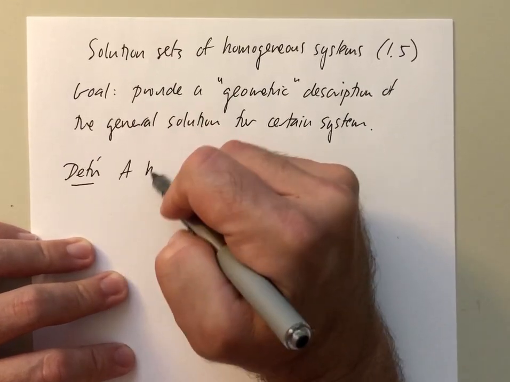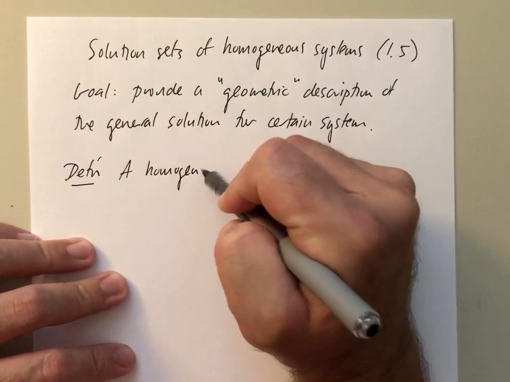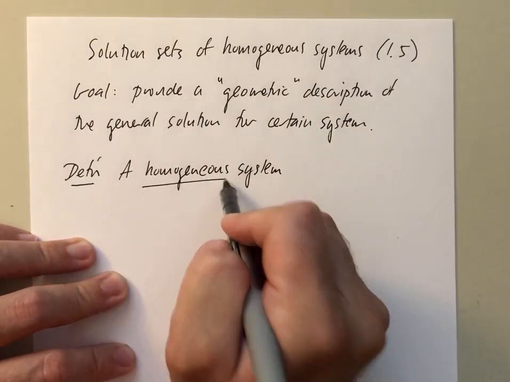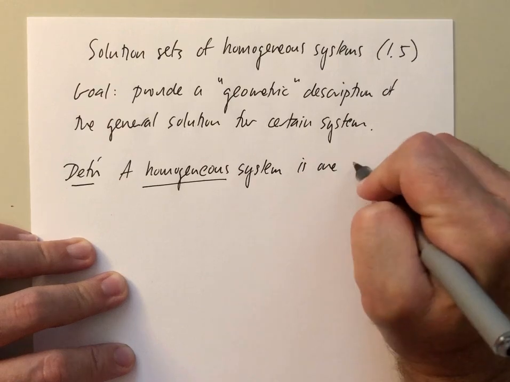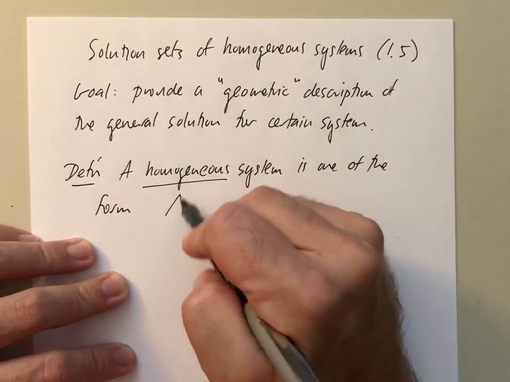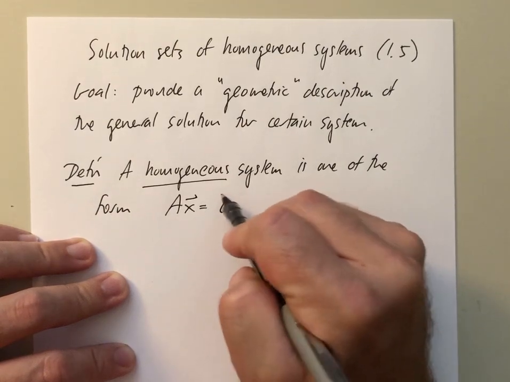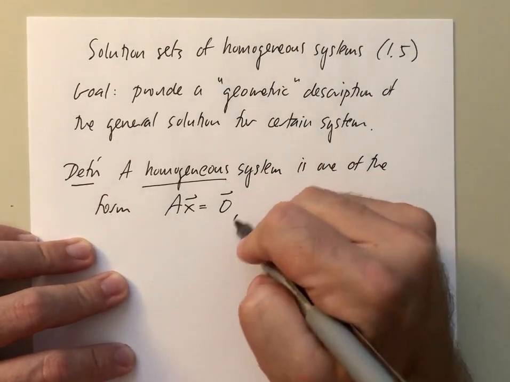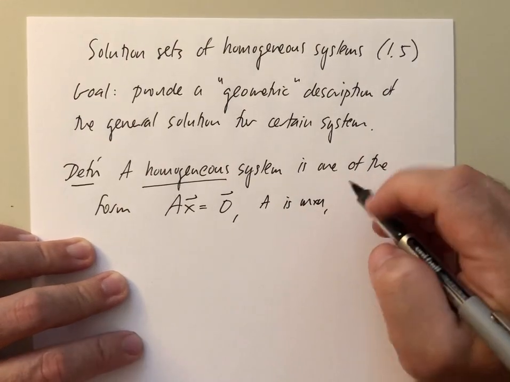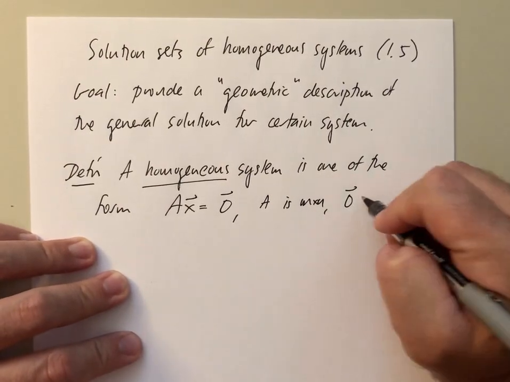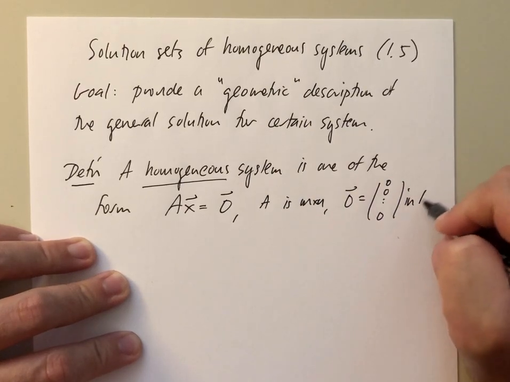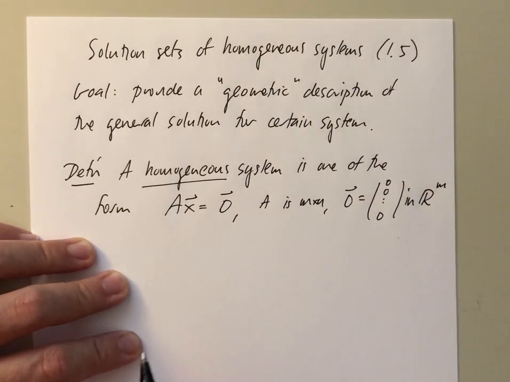A homogeneous system, so this is in the title of this lecture, is one of the form, and I'm going to use the matrix equation description. So this is AX equals 0, where A is an m by n matrix and 0 is the 0 vector, so this will be 0, 0, and this will be in Rm for this to make sense.